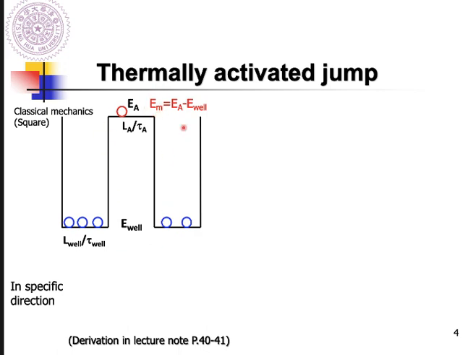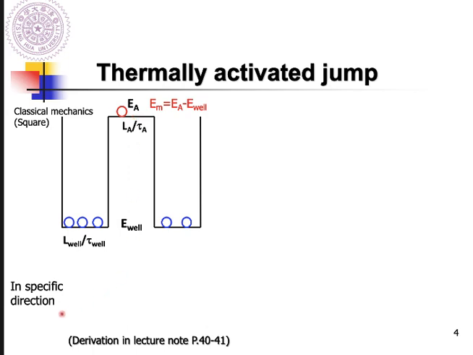So now you have this idea, right? As you know, the atoms usually vibrate around their lattice points, always vibrating. But how many atoms can make a successful jump from the well to the activated state?